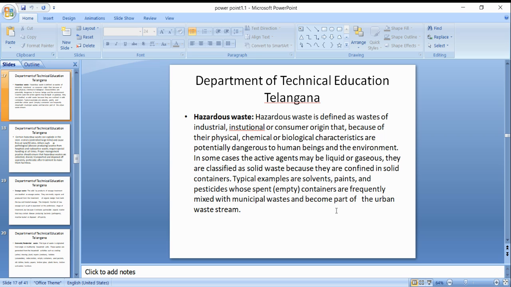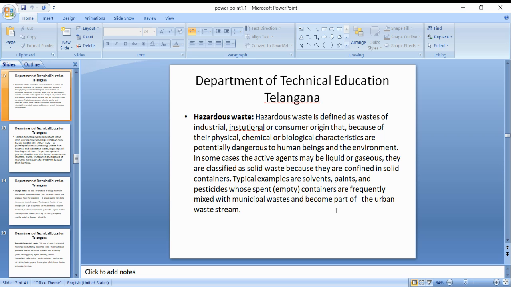If we store solid waste for a few days, its physical and chemical properties can change, and then some of the materials cause hazards.